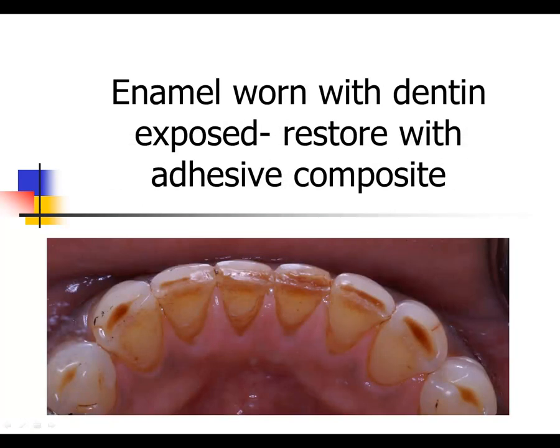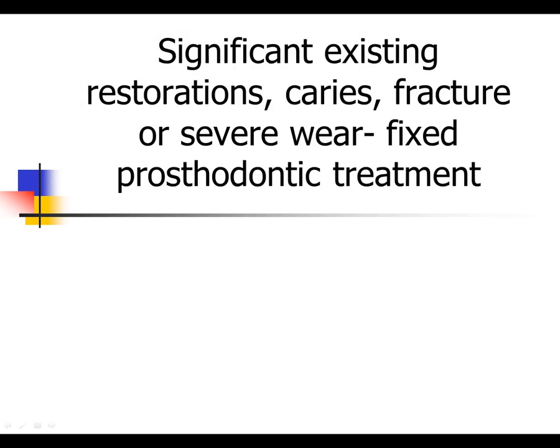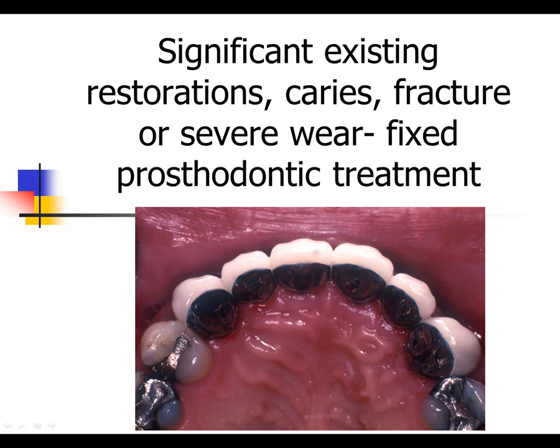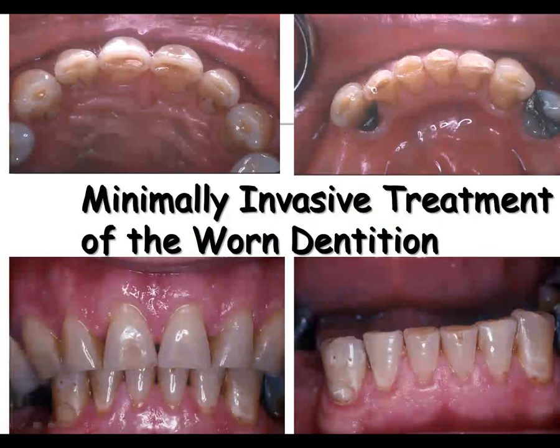As we have exposure into the dentin, and we can see the dentin being exposed, our solution may in fact be an adhesive composite restoration, and that'll be the focus of this presentation. As we see more significant wear, the solution may be prosthodontic treatment, and or perhaps even bonded porcelain veneers.